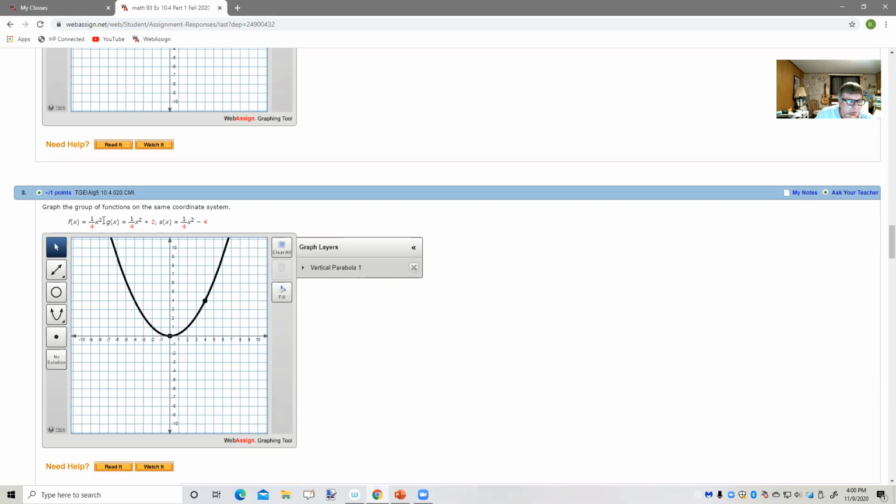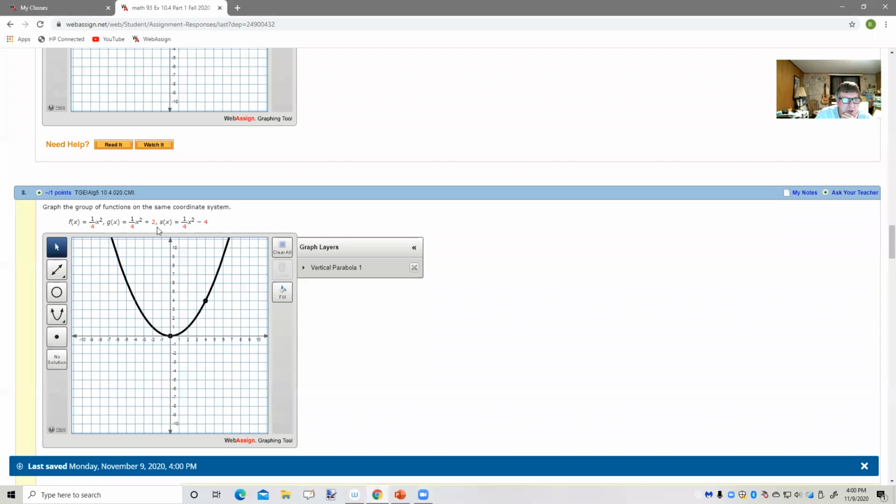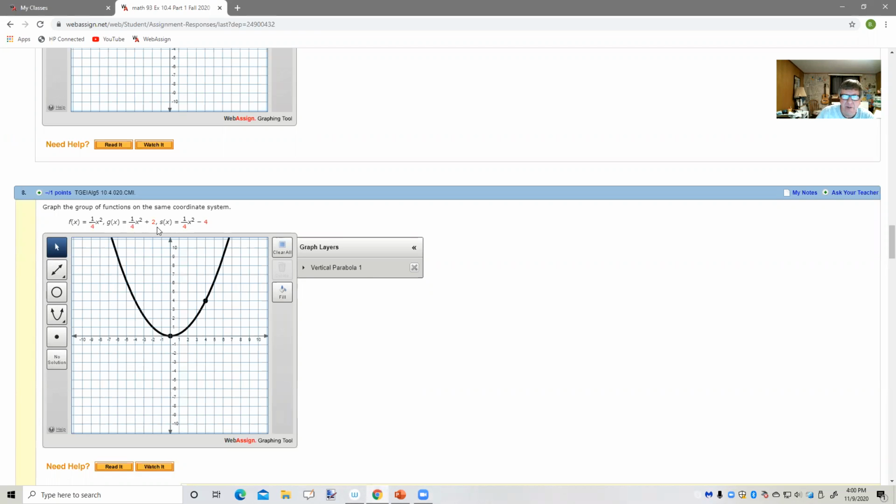So there is f of x equals 1/4 x squared. g of x equals 1/4 x squared plus 2. That plus 2 outside of the square is a constant term, that's k. Plus 2 is going to move it up, so it's going to move up 2 units. This number goes up 2, and this number goes up 2.